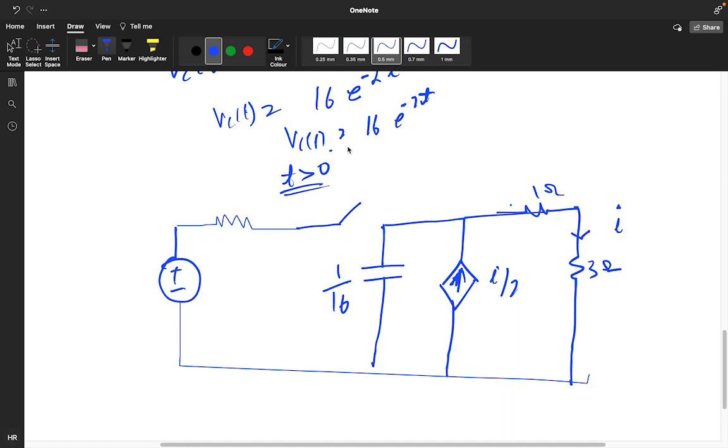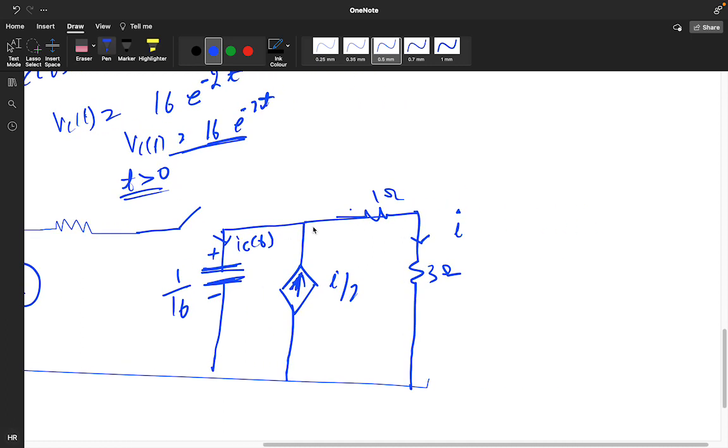We got the value of VC. So how will you do it? What is the current? This you had assumed positive negative. So this means your IC of t current is in this direction. So apply the KCL and tell me the relation between this IC of t and I. So IC of t is how much?